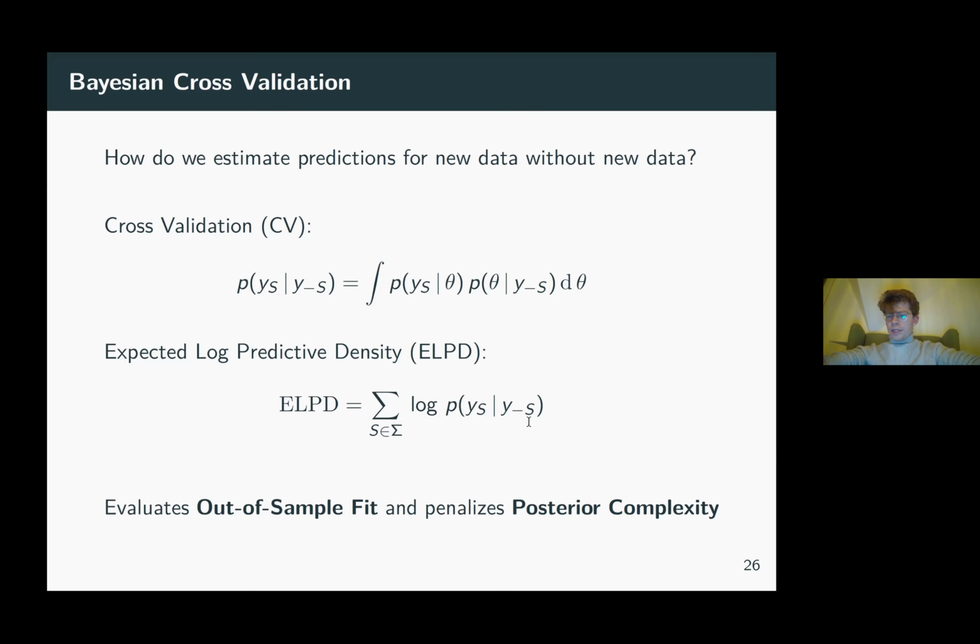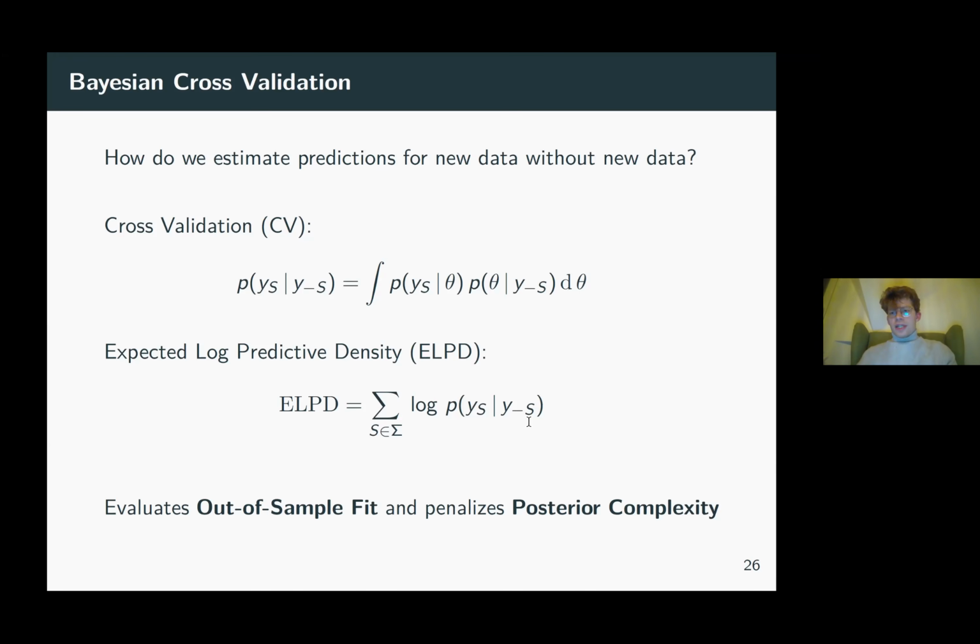Other measures could be mean absolute error or root mean squared error, RMSE. We prefer the ELPD because it better takes the whole posterior predictive distribution into account rather than just primarily measures of central tendency.